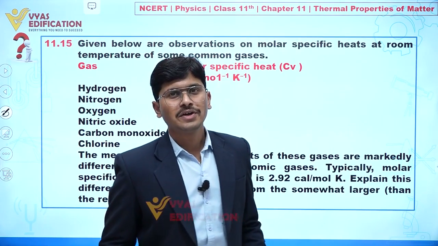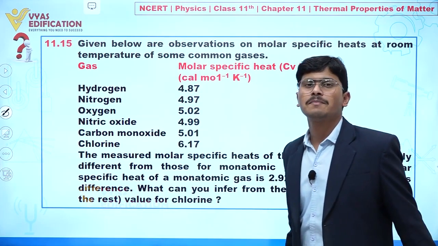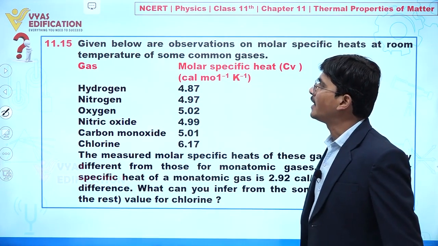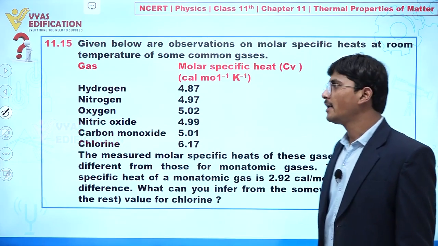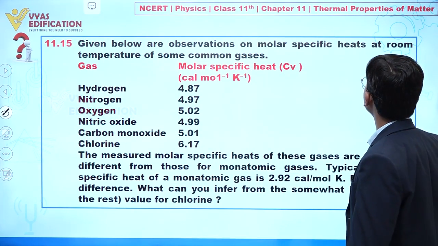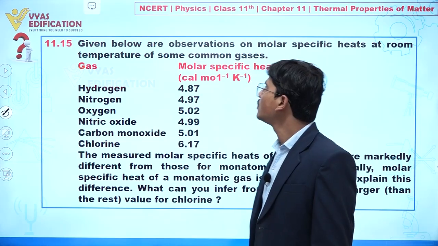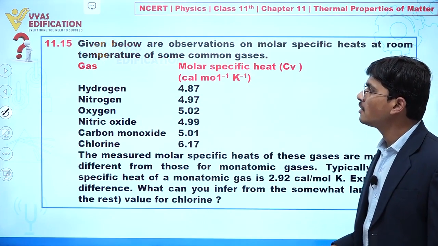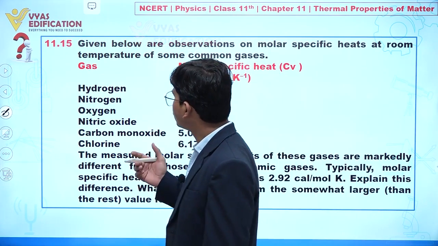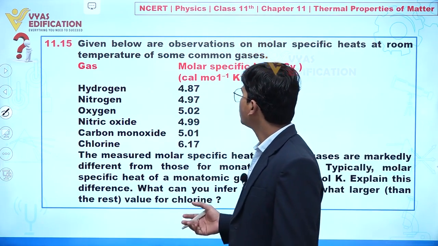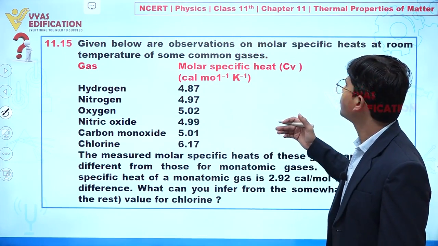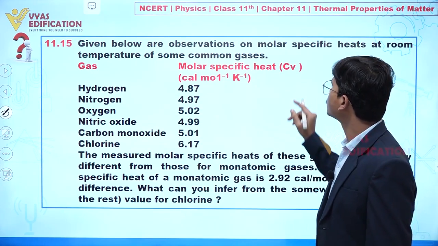Now students, we are going to discuss question number 11.15. In this question it is given: given below are observations on molar specific heat at room temperature of some common gases. Gases given are hydrogen, nitrogen, oxygen, nitric oxide, carbon monoxide and chlorine, and their molar specific heat value is given at constant volume.